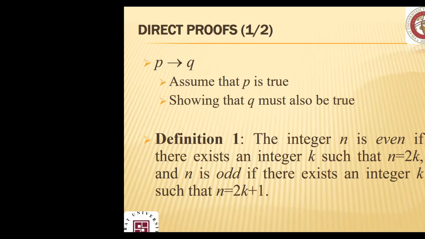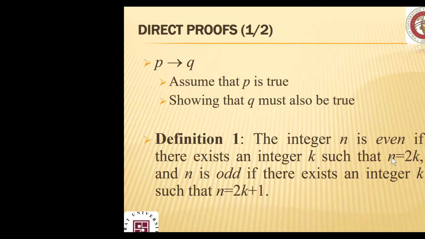Before we go ahead, let's take a definition, and this is a very essential definition. We will use it a lot in integers for different types of proofs. When we have an integer n, if it is even, then we can define it this way: n equals 2k, where k is also an integer, an arbitrary integer, a random integer that has whatever value.